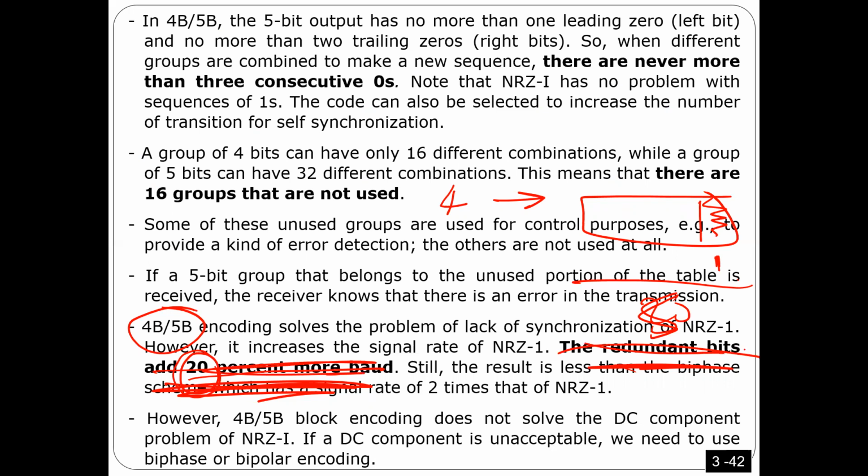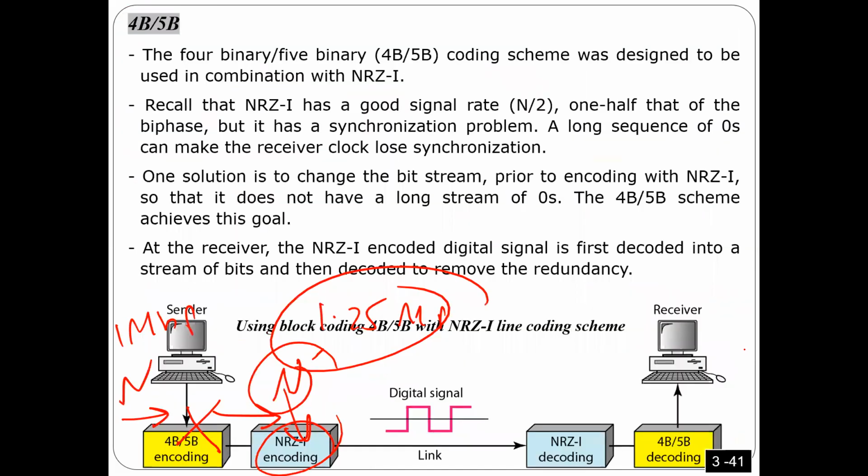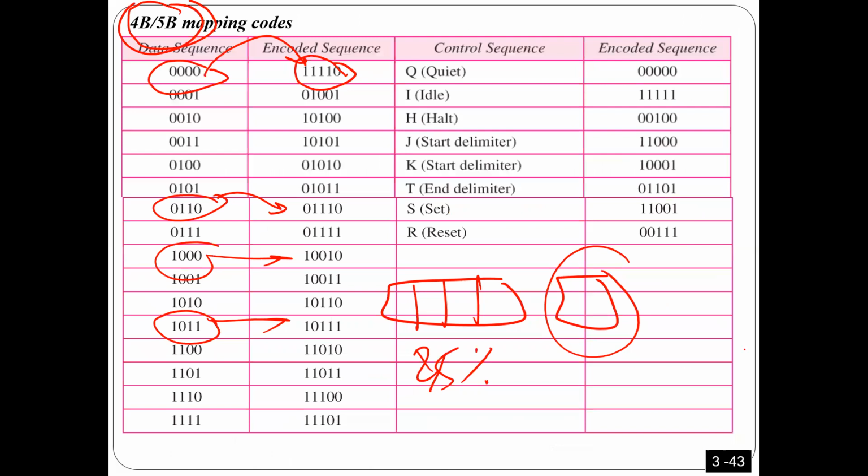Because what happened here is 1/5, but this is not the number of redundant bits. This 20% is the ratio of redundant divided by the total, right? But if you want to get the number of redundant bits, for every 4 bits there is 1 redundant, which is 25%.